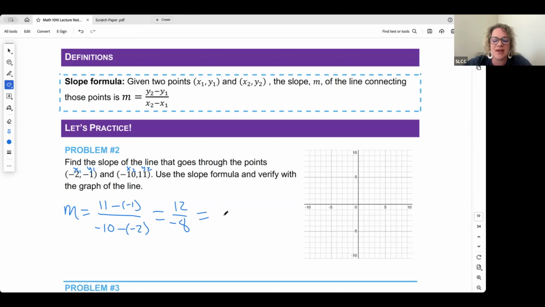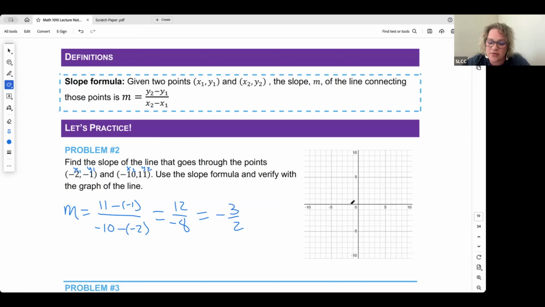This means the slope would be a negative. Simplify, divide both by 4, so a -3/2.